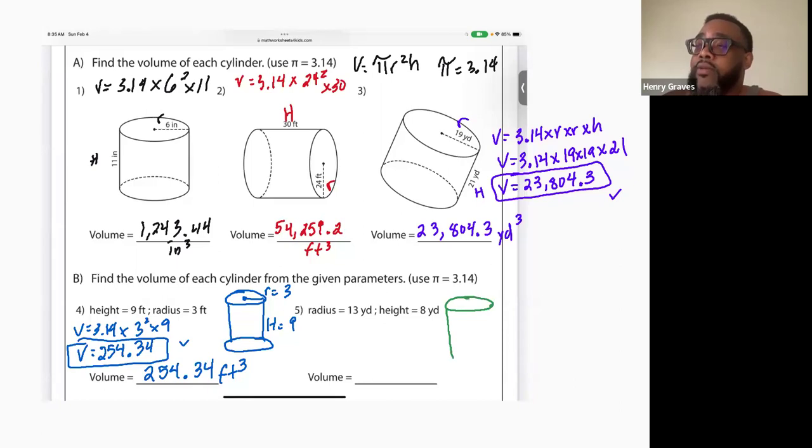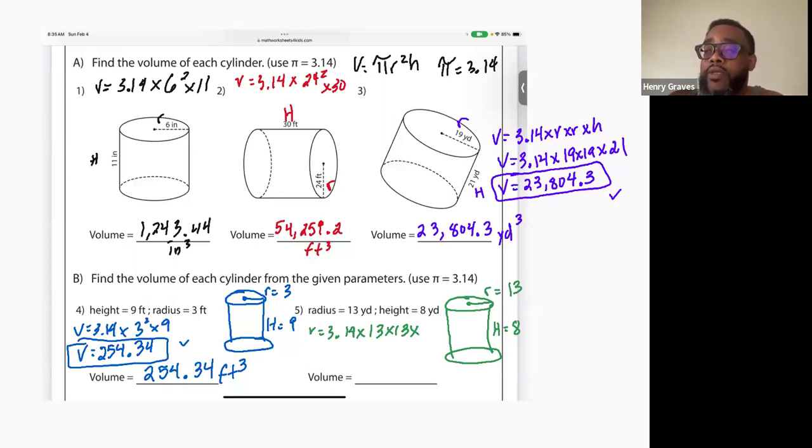Height is equal to 8. Radius is equal to 13. So again, volume is equal to 3.14 times 13 times 13, the same thing as 13 squared, right? Radius, you multiply by itself, times 8.